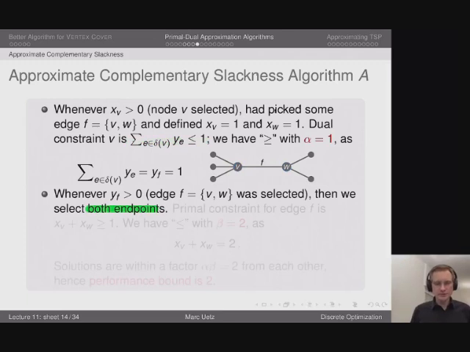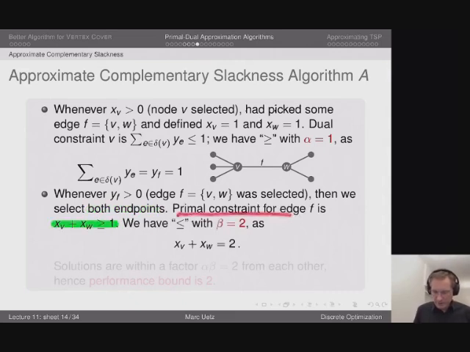And now let's look at the dual complementary slackness condition. So whenever we are selecting an edge, right, in the algorithm, then actually we were selecting both endpoints, and that is where we only achieve approximate complementary slackness in this dual constraint here. Because the primal constraint for this given edge F that we selected was that we should select at least one of the two endpoints, but we are selecting both of them.